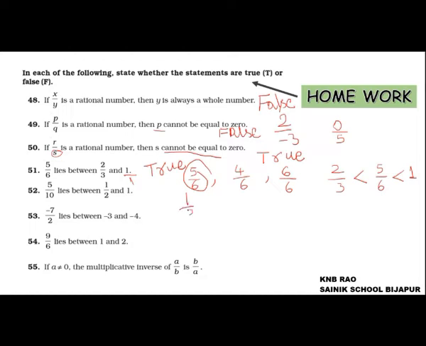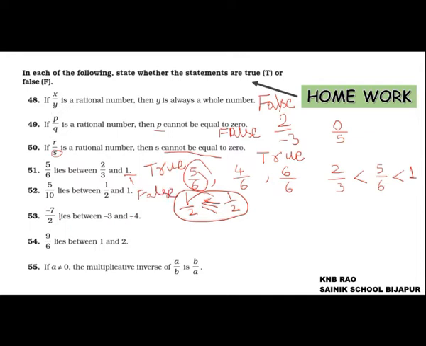So 1 by 2 cannot be called greater than 1 by 2. It is equal. So it is not lying between half and 1. In fact, 5 by 10 is equal to 1 by 2 only. Therefore, this statement is false.